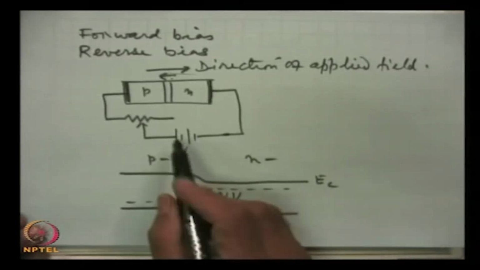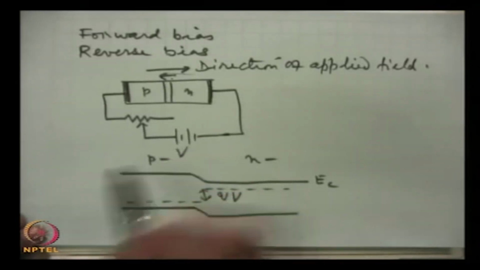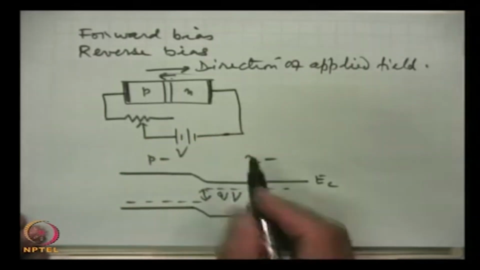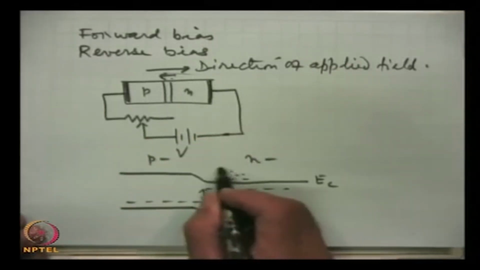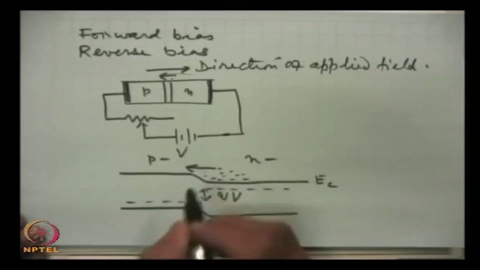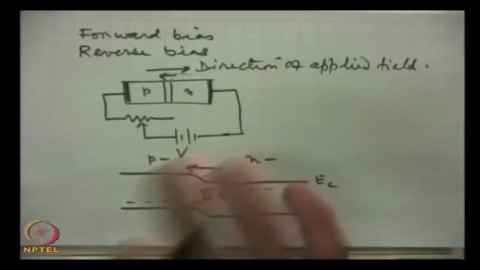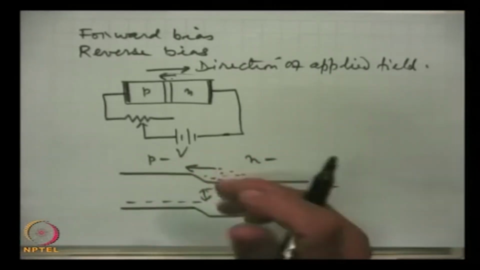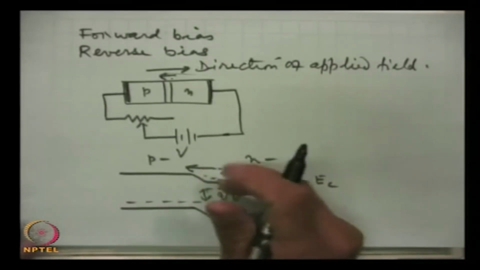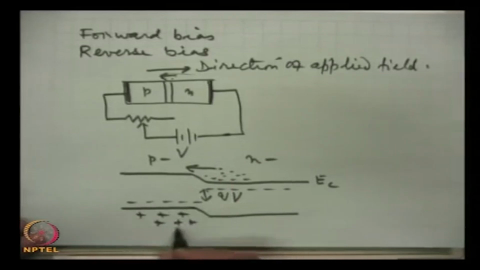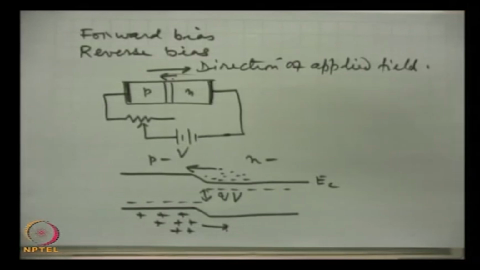Now, this applied field is more than the built-in field, so it will take over, and these electrons will be able to diffuse towards the P side. Similarly, because of the reduction in the barrier height, these holes will also be able to cross over to the N side, and this way a current will flow.